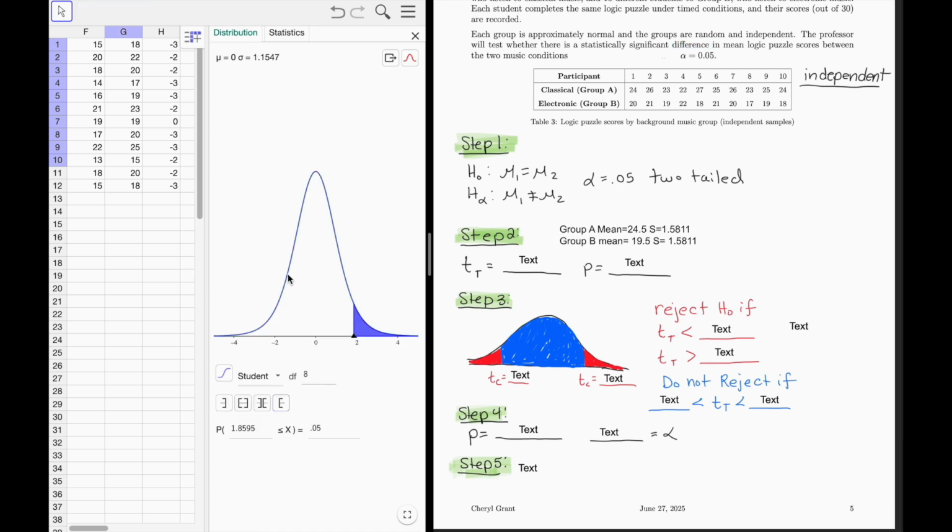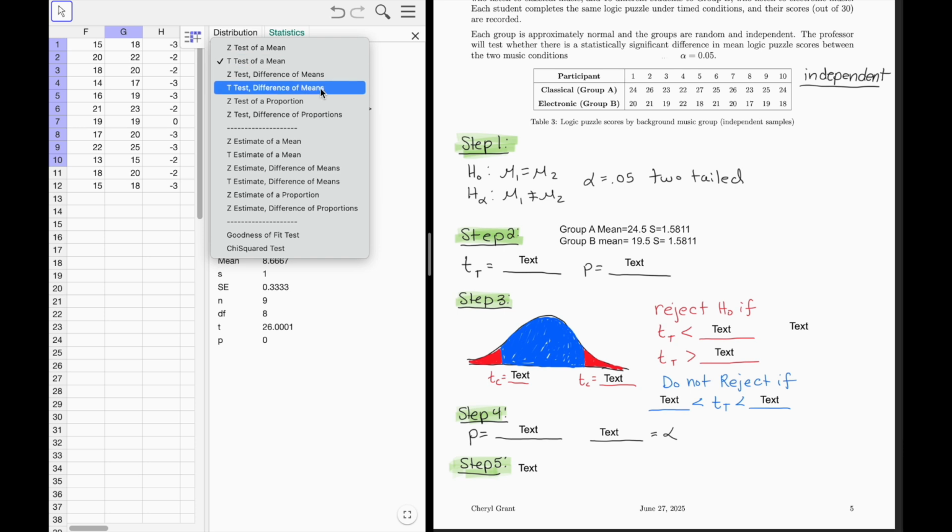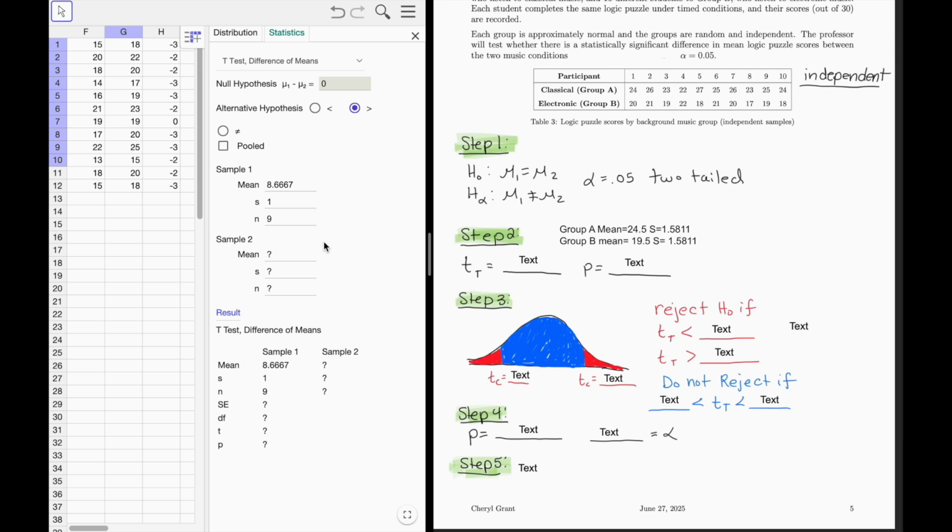Now to find our test statistic and p-value, we're going to go to the Statistics tab, and choose t-test the difference of means. We're doing a two-tailed test, so I'm going to choose not equal to. Remember to keep the pooled option unchecked. The mean for the first group was 24.5. The standard deviation for the first group is 1.5811.